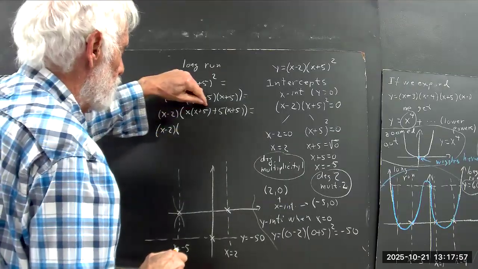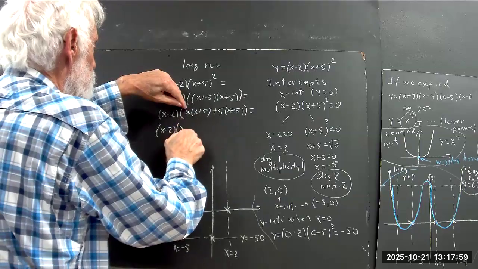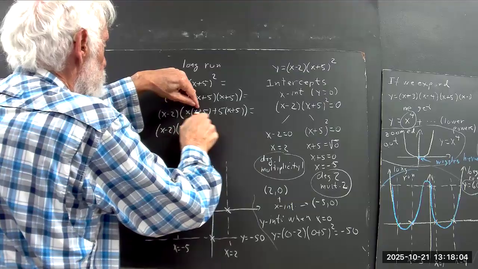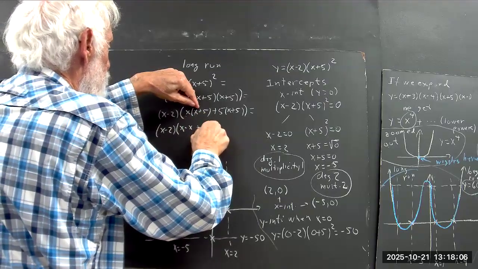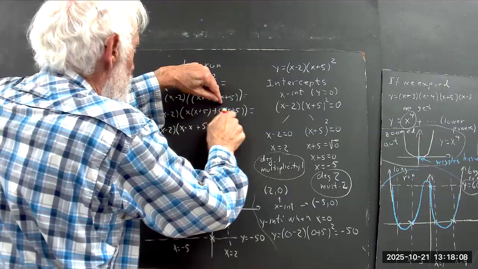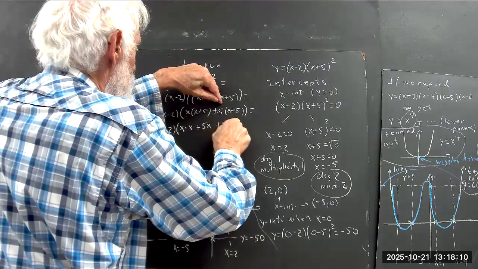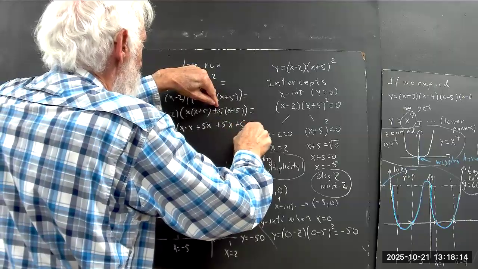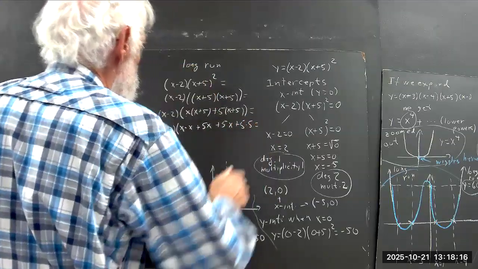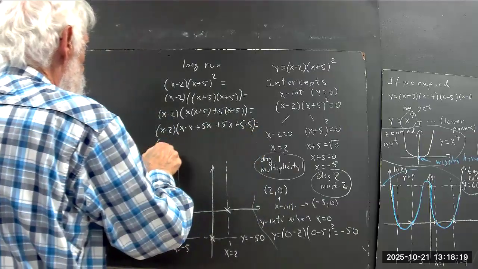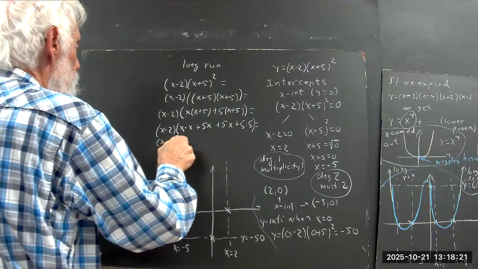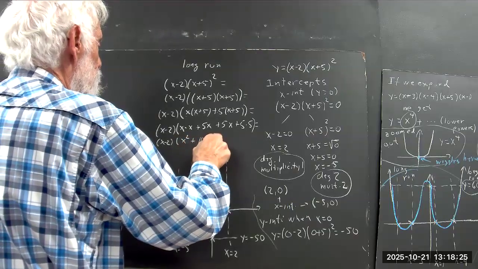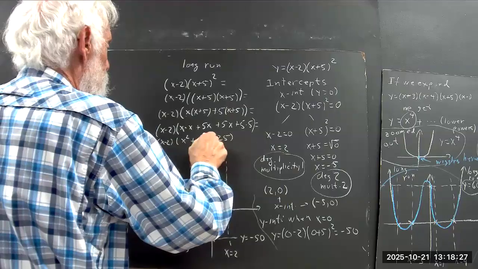Now, x times (x + 5) is x times x plus x times 5, which I'll write as 5x, plus 5 times x, which is 5x, plus 5 times 5. So now we've got (x − 2)(x² + 10x + 25).